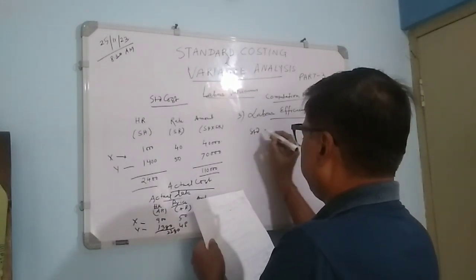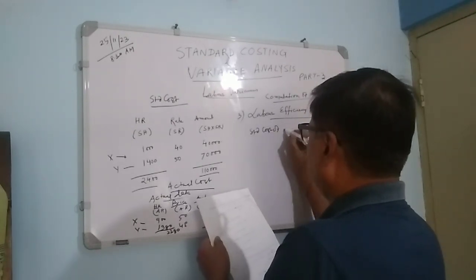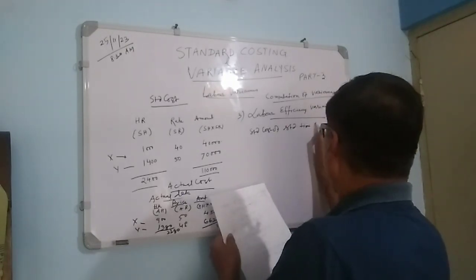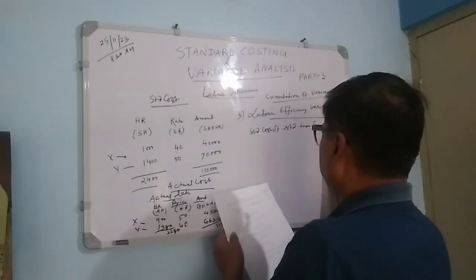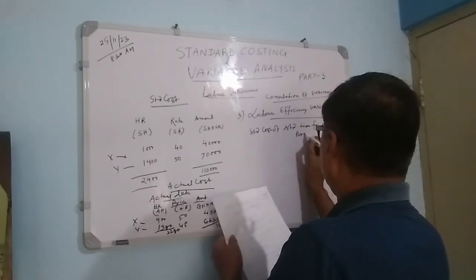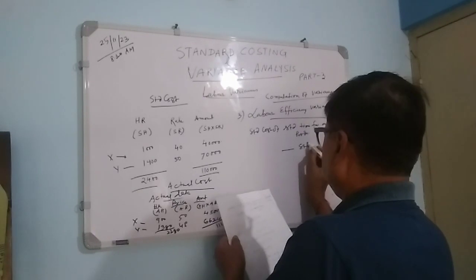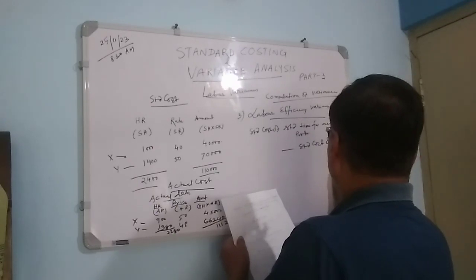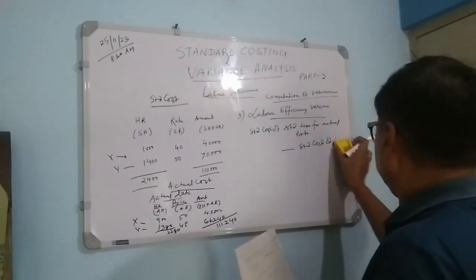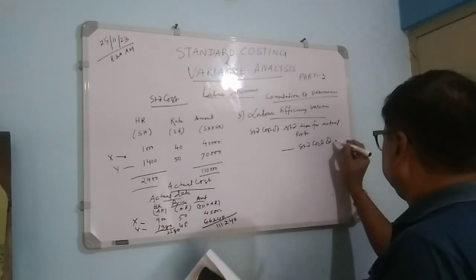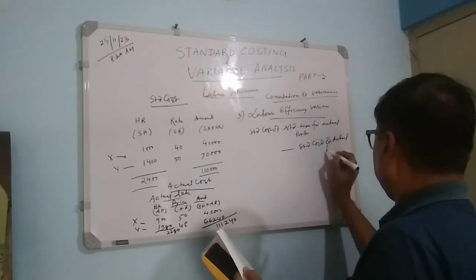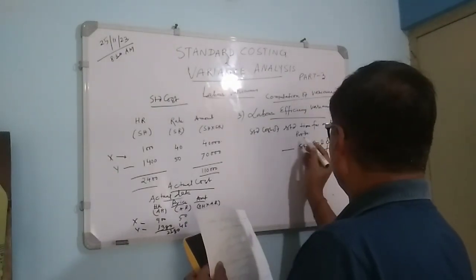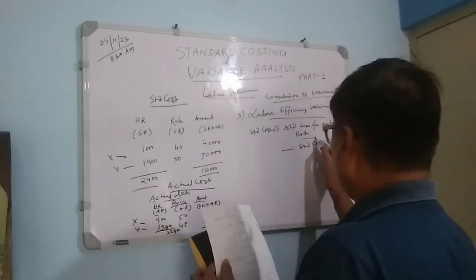It is the standard cost of standard time for actual production, minus standard cost of actual time.